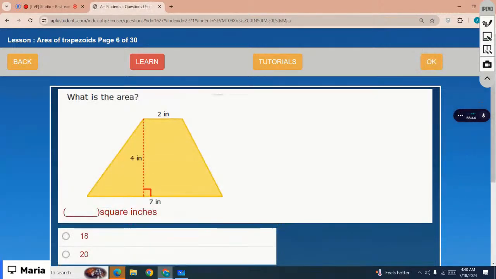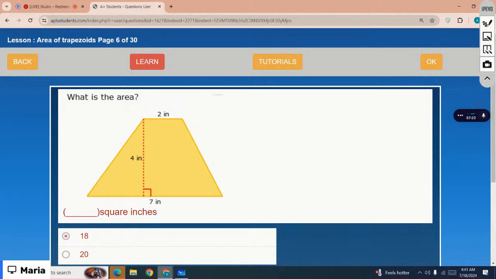Okay, what is the area? Which is the correct option? Yes, 18.